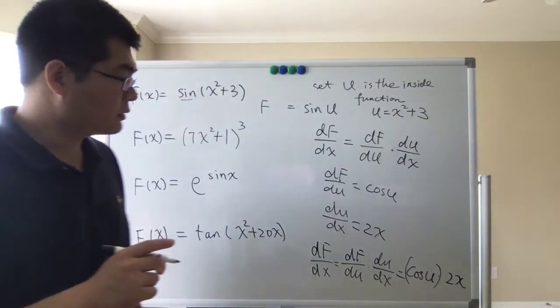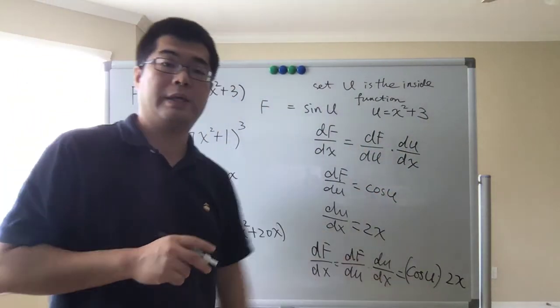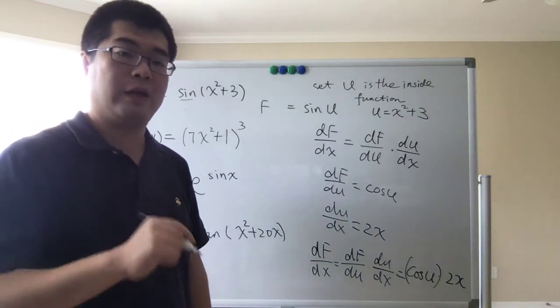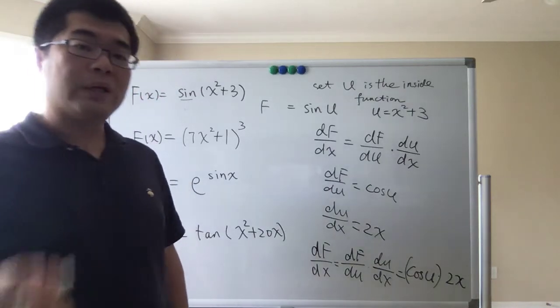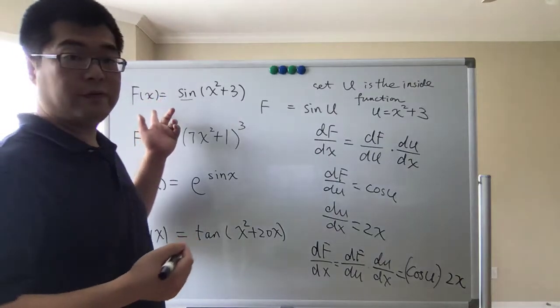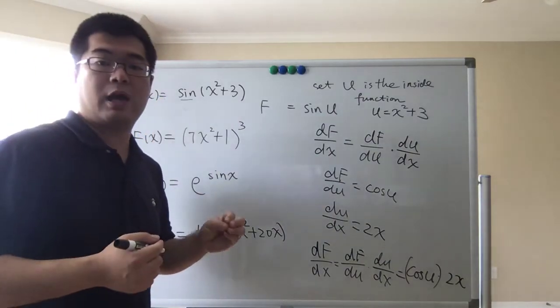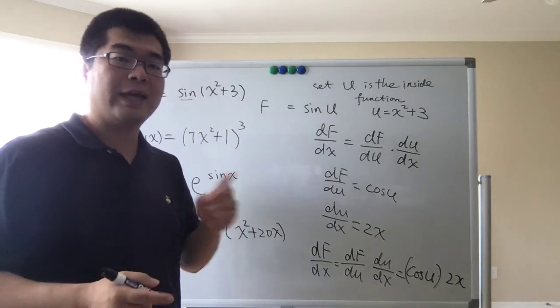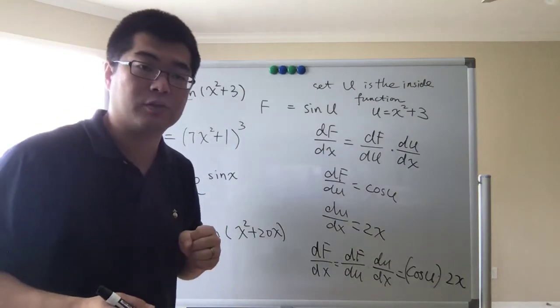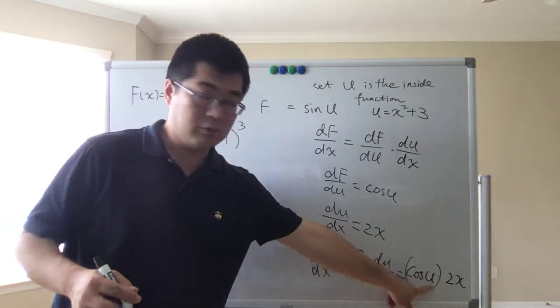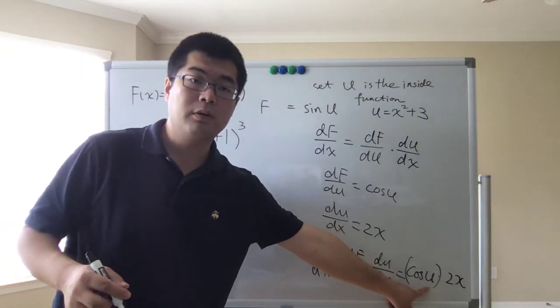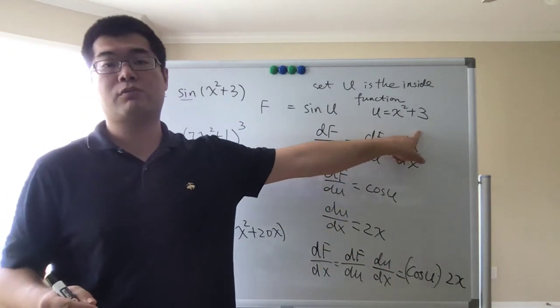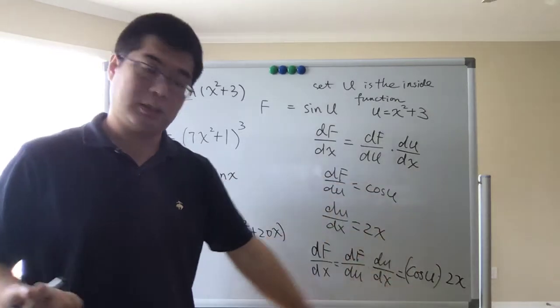But guys, this is almost the answer, but not the final answer. Why? Because the derivative of capital F with respect to x should only contain one independent variable, which is x only. But look here, we still have this u. Knowing that u equals x squared plus 3, substitute it back.